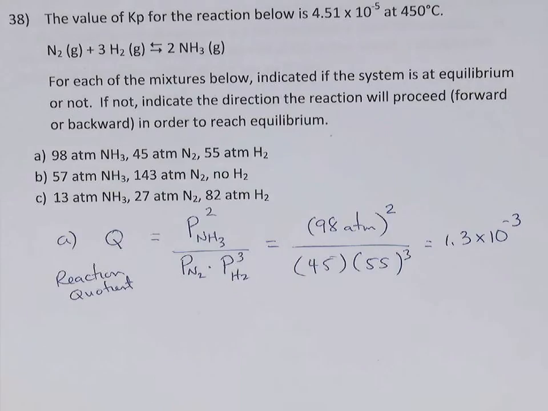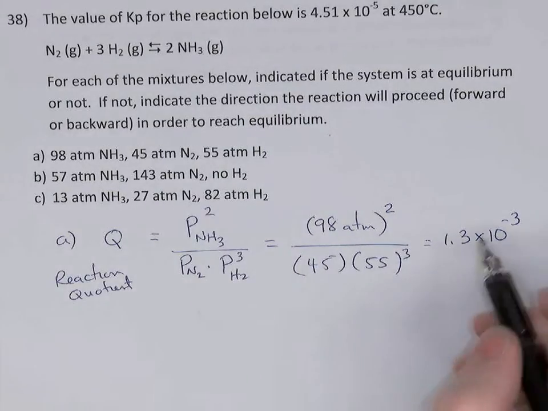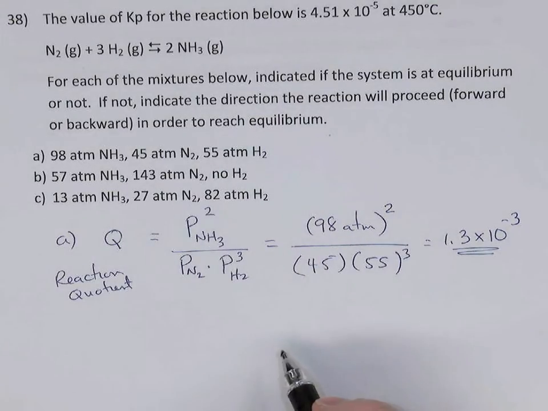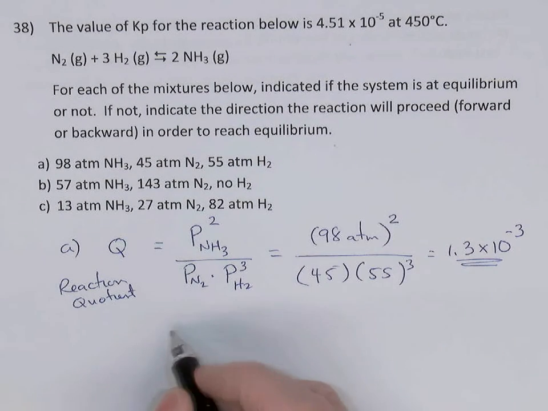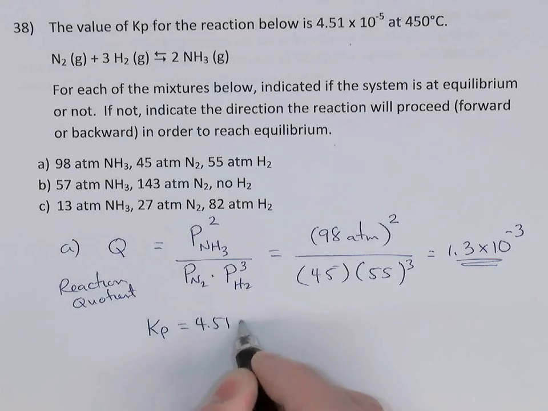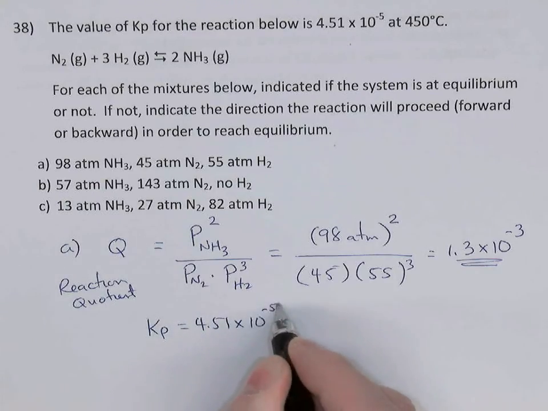Now what can we learn by looking at that value for Q? Well, the first thing we notice is that Q is not the same as Kp. Kp up above was 4.51 times 10 to the minus 5.